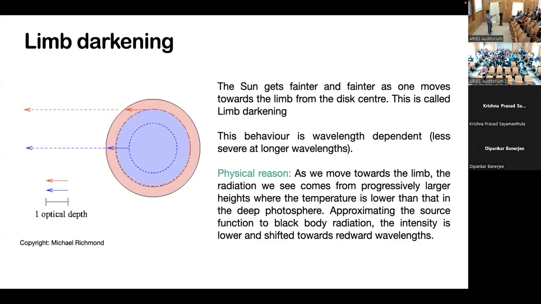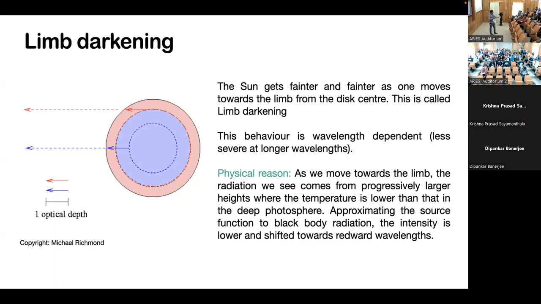Especially at the limb, that column of material is going to increase, but because of the opacity, you are not going to reach as deep as you are reaching at the center of the disc. And there is another effect, which I will be speaking about: the temperature decreases as you move outward in the sun.